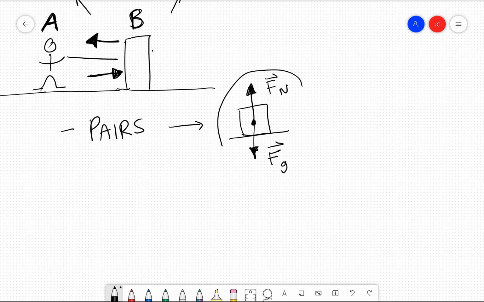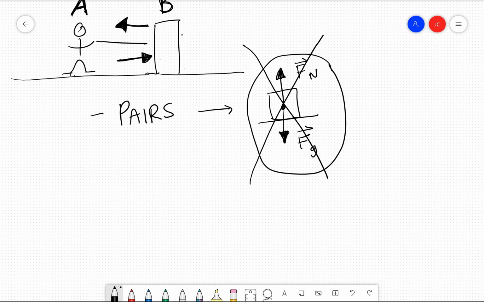But this example is not an application of Newton's third law, and that's for one very important reason. This pair of forces is not an action-reaction force because they are on the same thing. You don't have action-reaction forces just taking place within one body. Newton's third law only applies when you have multiple bodies.